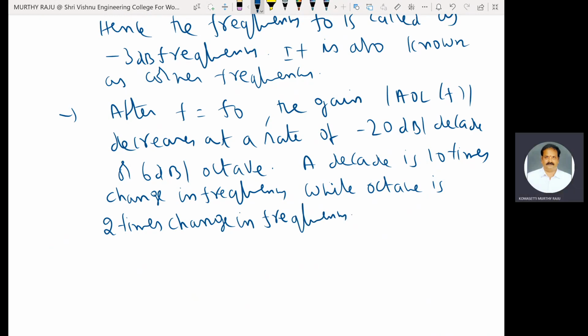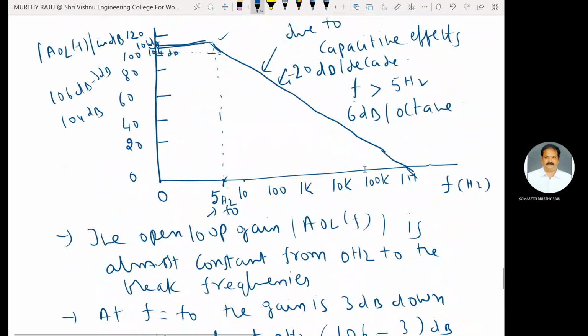As gain decreases, the slope of the magnitude plot is minus 20 dB per decade.